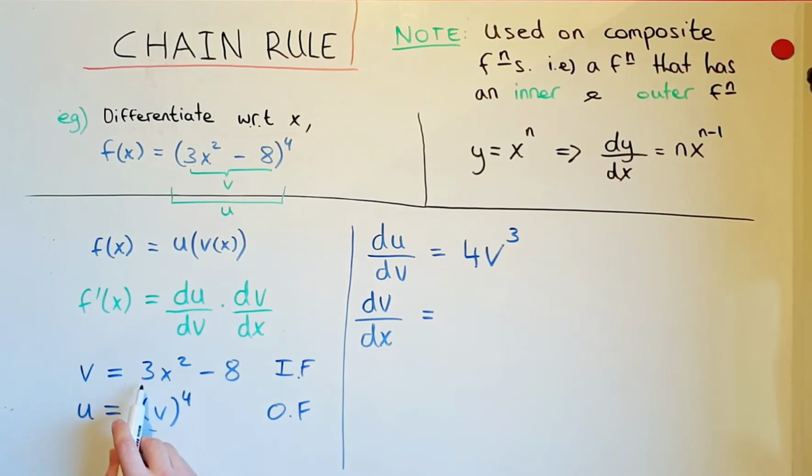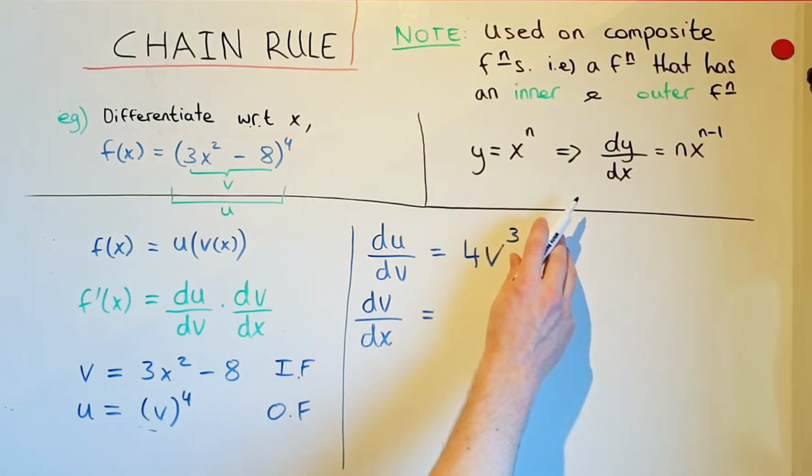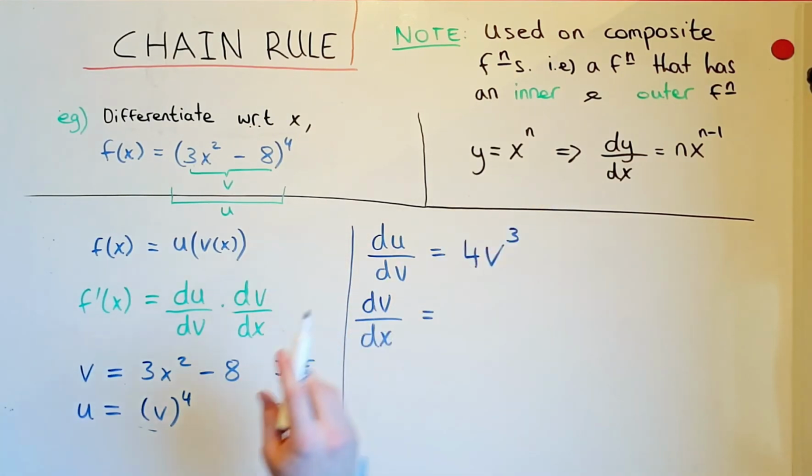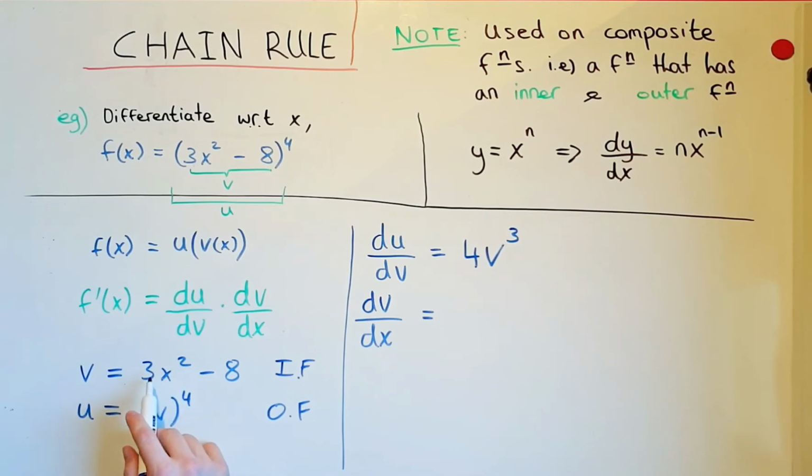Well, once again, we see that the 3x squared takes the form as we used just before for the u expression, that we can now bring down the 2 as a coefficient, and it multiplies itself by what's in front of the x already.